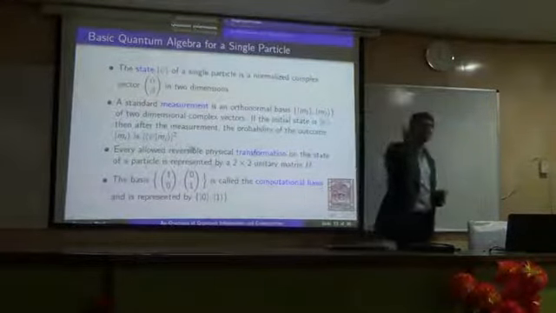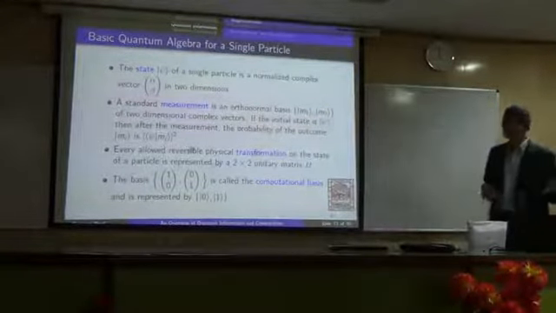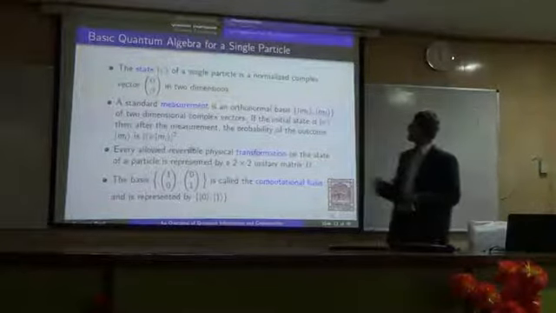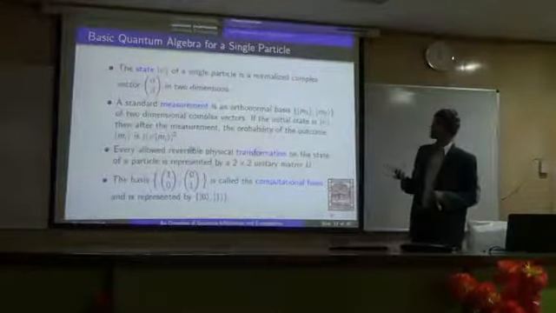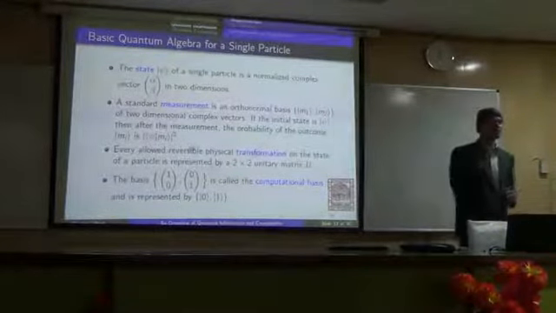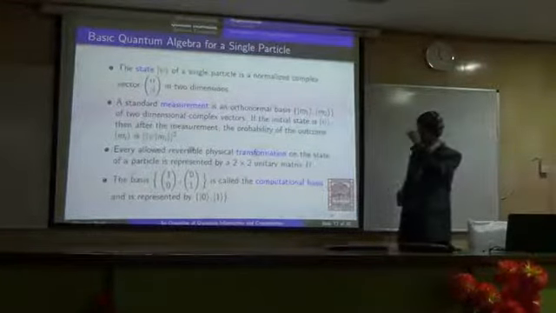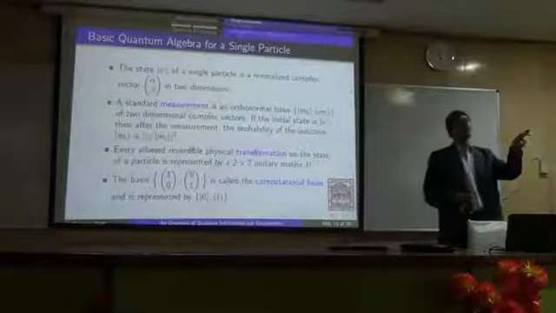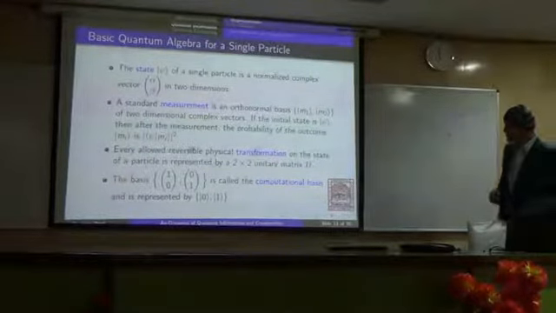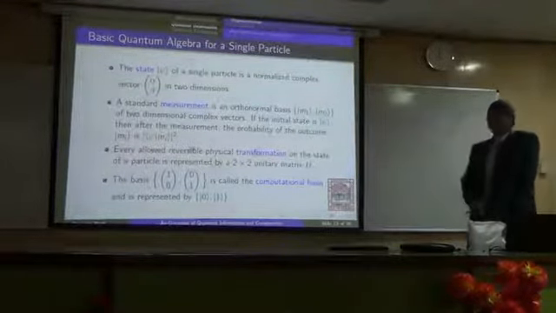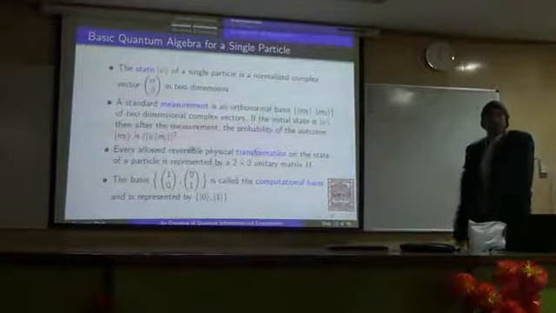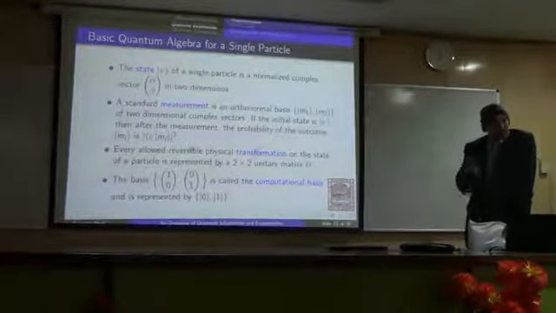So alpha is x plus iy, beta is some gamma plus i delta. And it is normalized, that means modulus of alpha squared plus modulus of beta squared equals 1. That's the normalized vector. Any state of any single particle can be represented like this, be it an electron spin, a photon polarization, or anything.